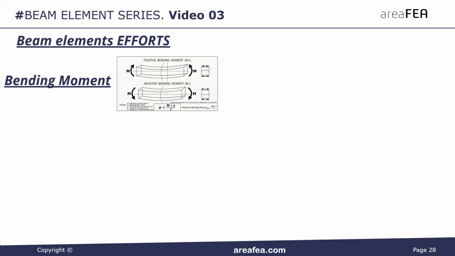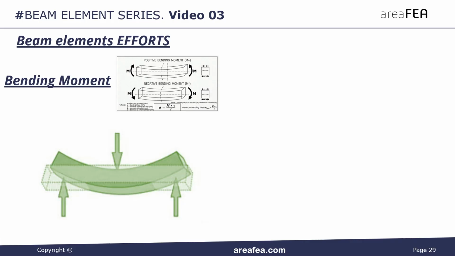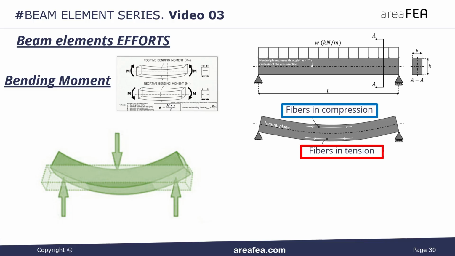And finally, here we have the bending moment. Basically, as we all know, the bending moment tells you how much the member is trying to rotate at each cross-section. Maximum bending moment means maximum stress at the extreme fibers of the beam, tension on one side and compression on the other side.